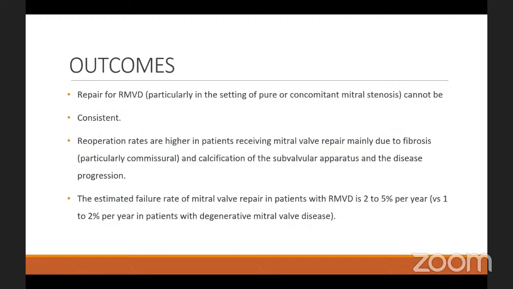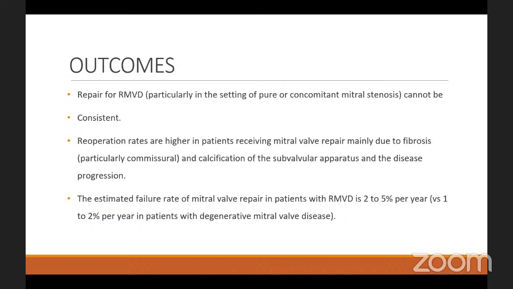So the outcome of the repair of rheumatic mitral valve disease, particularly in pure or concomitant mitral stenosis. The reoperation rates are higher in patients receiving mitral valve repair, mainly due to fibrosis and calcification of the subvalvular apparatus and the disease progression.